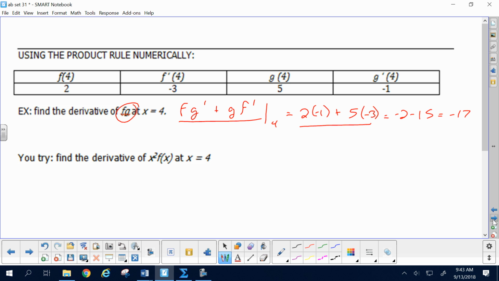Negative 17 looking for the first one, yes? Okay. Oh, shucks.